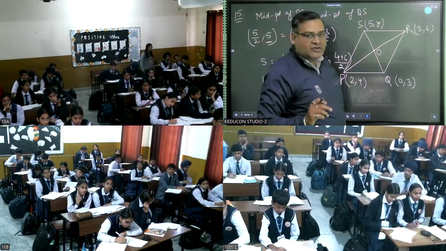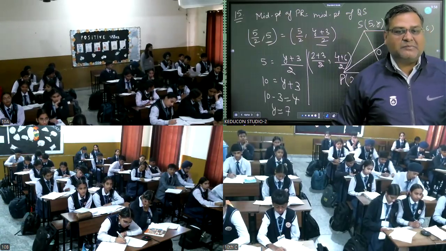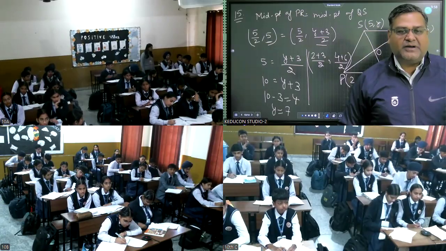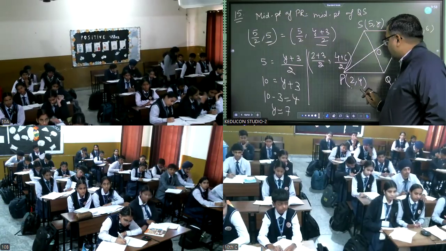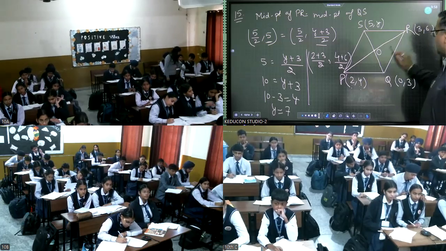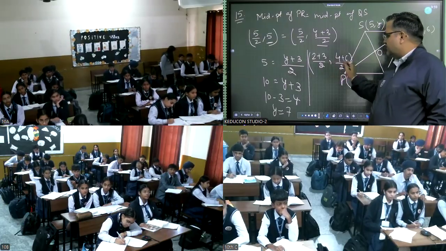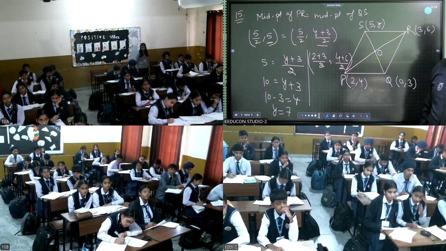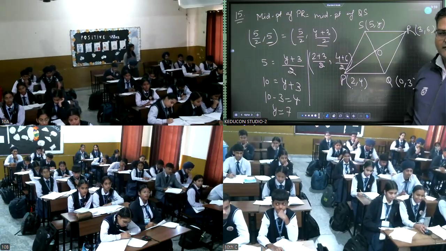The coordinates of the midpoint we can find out by the formula x1 plus x2 by 2, comma y1 plus y2 by 2. Right? Now what is x1? x1, y1, x2, y2. x1 plus x2 by 2, 2 plus 3 by 2 and y1 plus y2 by 2. Is it clear? Yes or no?